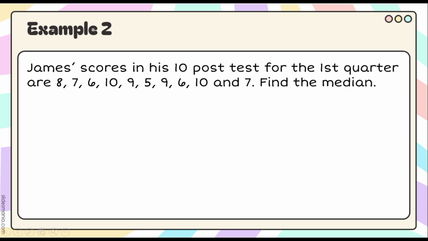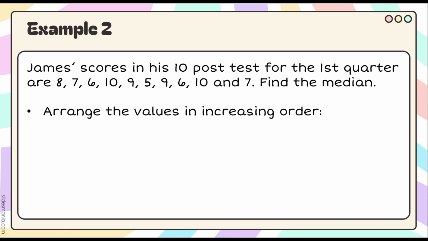Example number 2, in solving for the mode: James's scores in his 10 post-tests for the first quarter are 8, 7, 6, 10, 9, 5, 9, 6, 10, and 7. Find the mode. Again, we arrange the values in increasing order: 5, 6, 6, 7, 7, 8, 9, 9, 10, and 10.